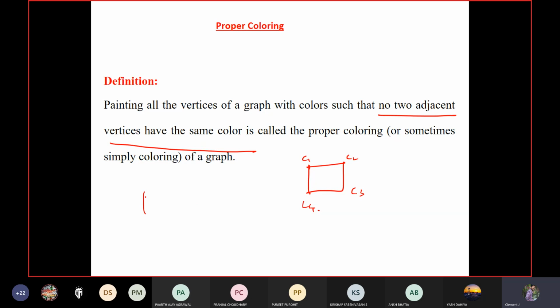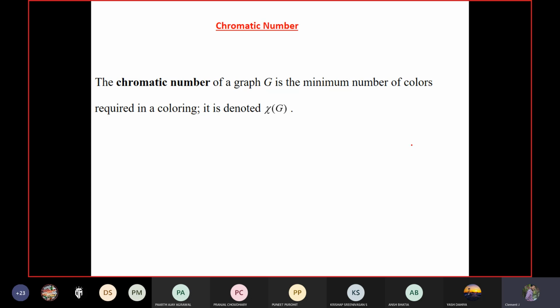That means if you label C1, C1, and then C2, C3, two adjacent vertices are receiving the same color, so it is not a proper coloring. But the other one is a proper coloring because it follows the condition that no two adjacent vertices have the same color. Next, chromatic number. There is a difference between proper coloring and chromatic coloring.